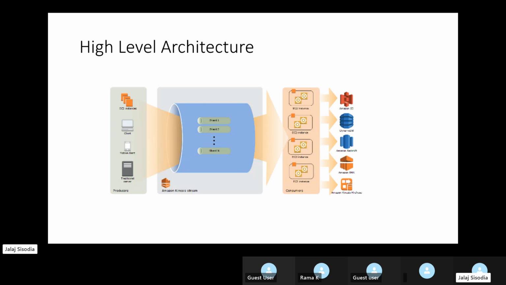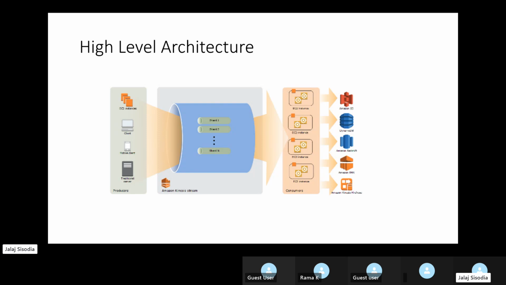What if we configure these machines to send the data to our Kinesis streams, which can collect that data and send it to some consumers or storage layers? So we have some producers, and on top of those producers we have configured some Python code, Node.js code, or any programming language you choose as per your convenience.